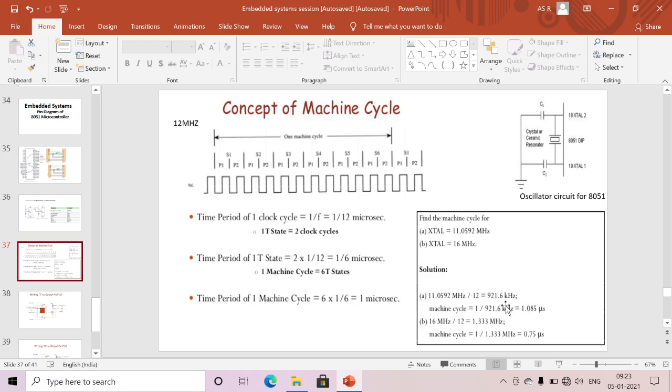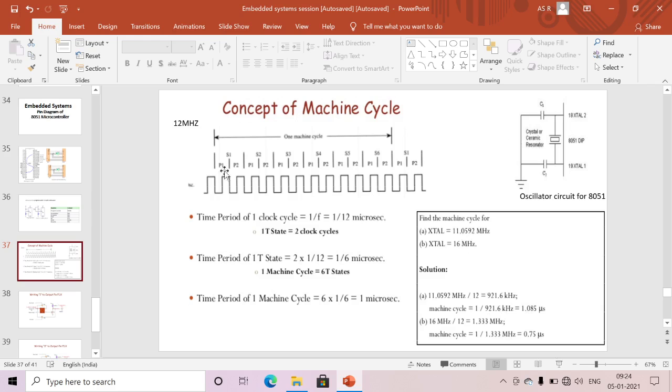This is the way we need to calculate the timing of the machine cycle. Similarly, for another frequency divided by 12 equals 1.3333 megahertz, the machine cycle equals 1 divided by frequency, 0.75 microseconds. For any frequency, we can calculate the machine cycle easily using these formulas.